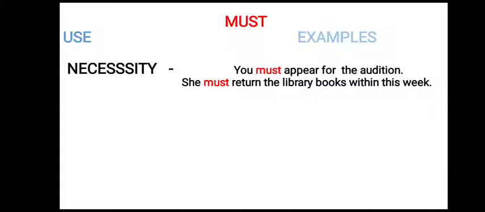And children, if you are confused about which word to use, suppose the question is, she dash return the library books within this week. We should always read the second part of the sentence to understand the mood of the sentence. Like this sentence shows an order, so she must.